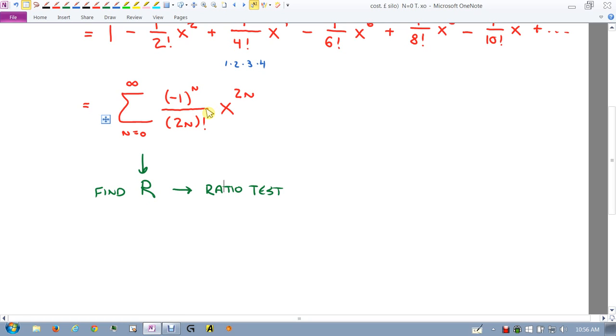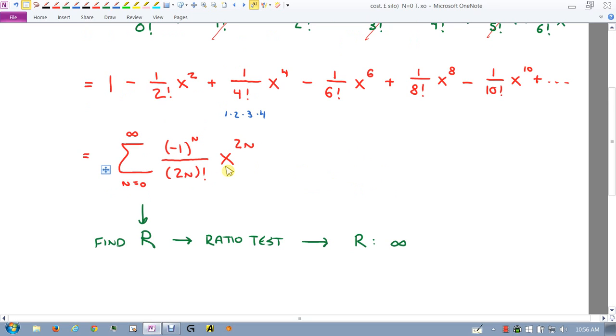If you did it, you would find that the radius of convergence is infinity, meaning that it converges for all x. It does not matter what x you plug into this, it will always work. So you can always use this power series to evaluate cosine for all x values, okay?